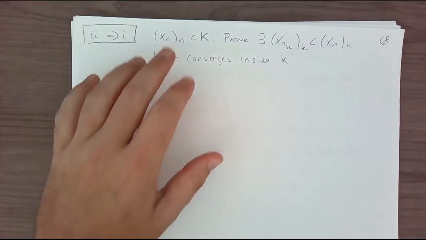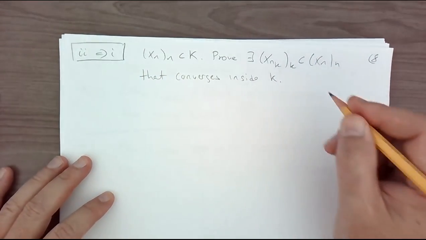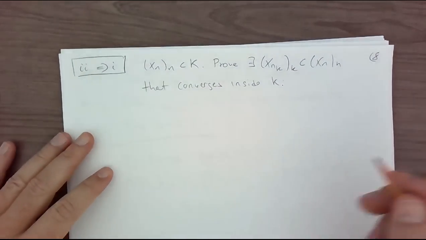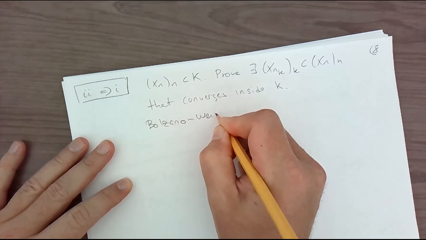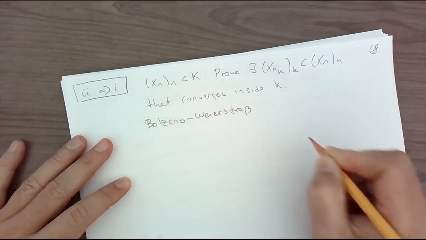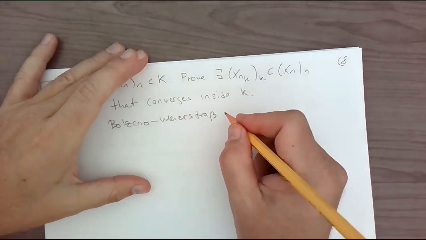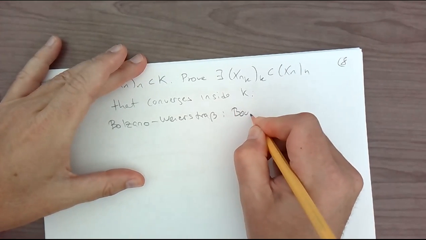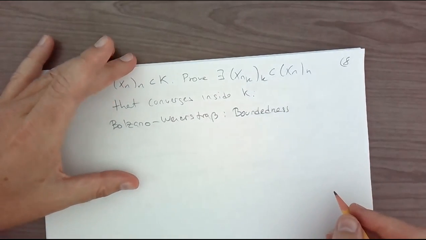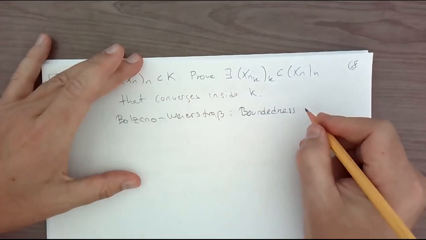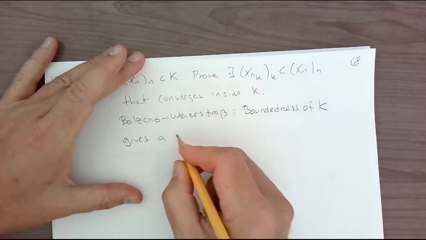Take a sequence, and prove that I can find something that converges inside K. This is not bad because we have a big gun available: the Bolzano-Weierstrass theorem. Boundedness of K gives a convergent subsequence.